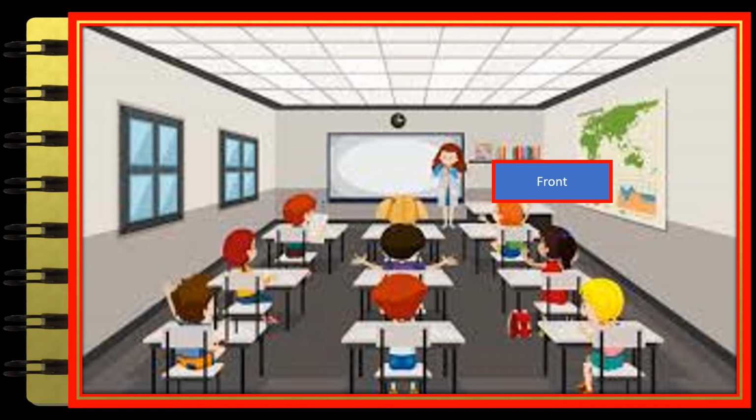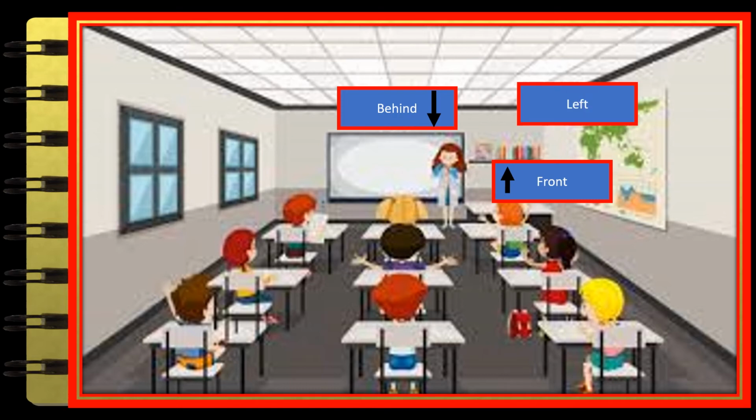Okay. What is behind the teacher, children? The blackboard, right? The blackboard is behind the teacher. What is to the left of the teacher? To the left is a big map. Yes. Children, if you are watching this, it will be your right.